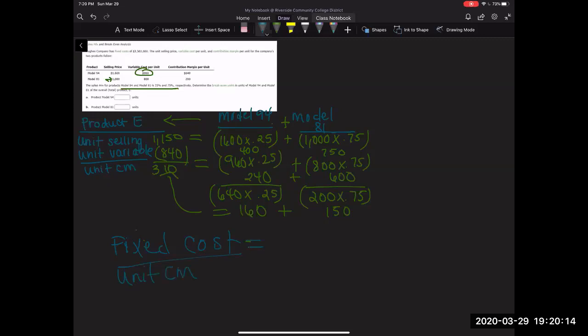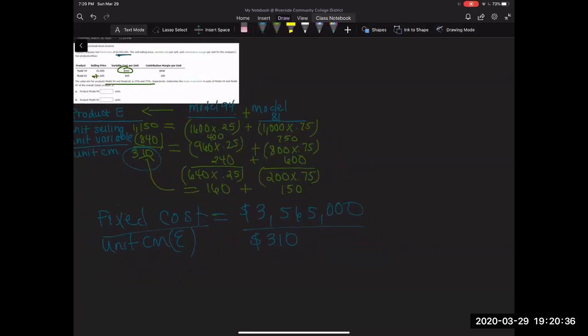Here we're looking at the unit contribution margin for E. Our fixed cost, as they defined it, is $3,565,000, divided by our unit contribution margin, which is $310. When I do this calculation, 3,565,000 divided by 310, our break even in terms of units for product E, our fictitious unit, is 11,500 units.